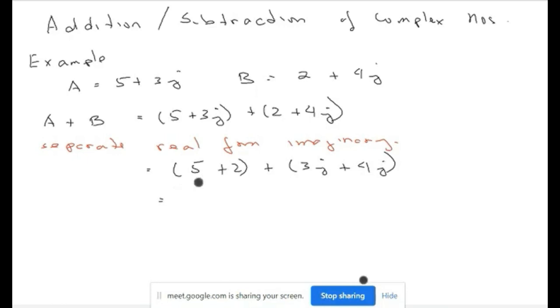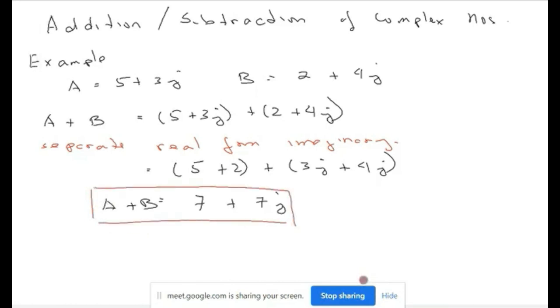So this will now be 5 plus 2, 7, plus 3j plus 4j, which is 7j. So A plus B is equal to 7 plus 7j.